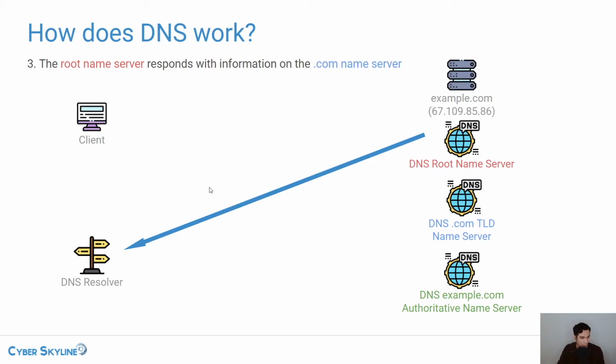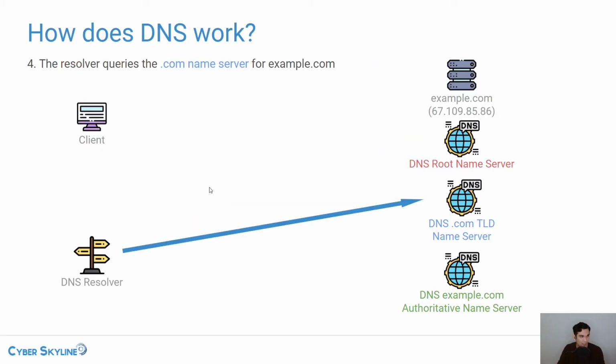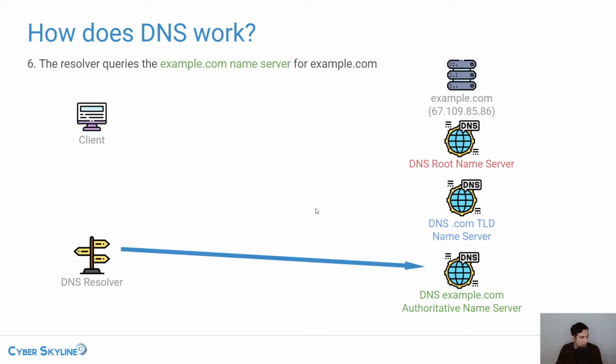The DNS resolver will go and ask the .com servers, hey, point me in the direction of example.com. And then the DNS servers for the .com TLD will respond and give the information about example.com's authoritative name server. And now again, we reach out and ask, hey, example.com's authoritative name server, what is the IP address of example.com?